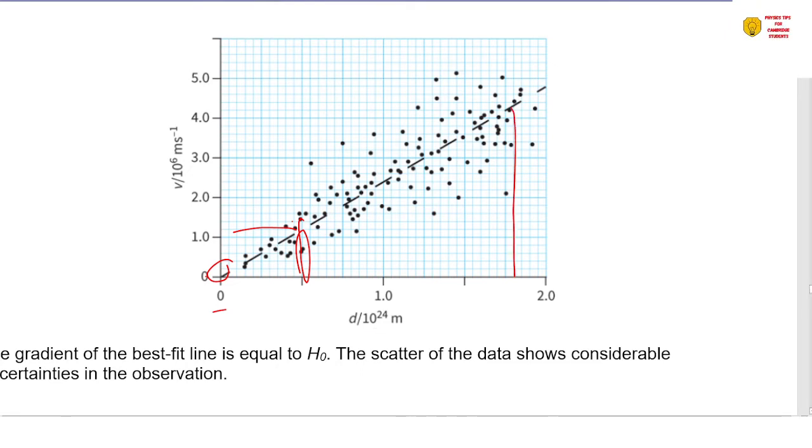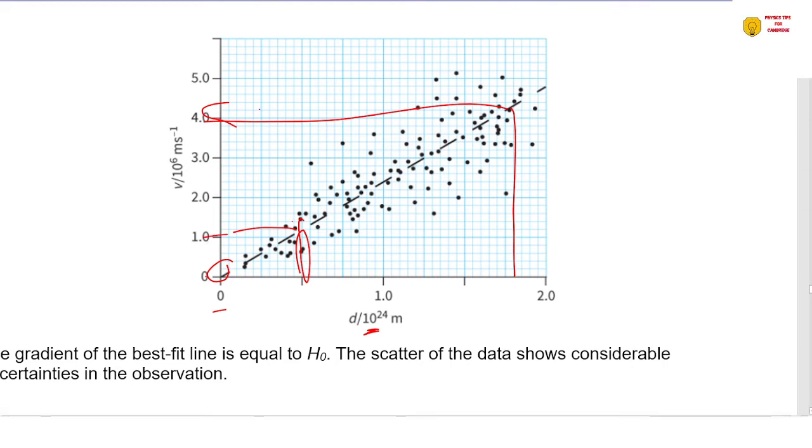We are talking of 1 point something times 10 to the power of 24 meters away from us. So these galaxies are moving faster away from us. So the recession speed increases for those galaxies that are already far away from us. So distant galaxies have higher recession speeds as compared to the galaxies that are nearby.